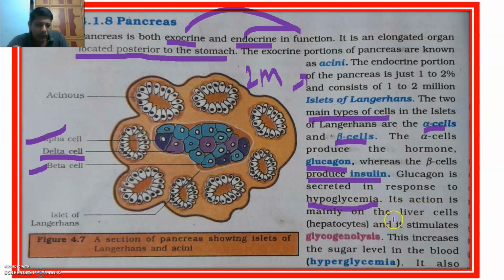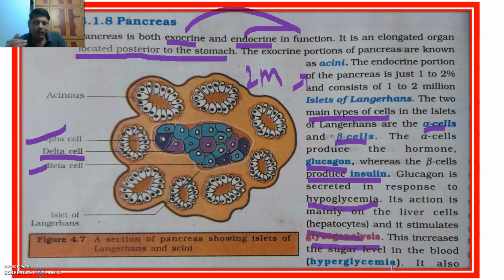Its action is mainly on the liver cells, hepatocytes, and it stimulates glycogenolysis. I told you, glycogenolysis is the breakdown of glycogen to glucose. It increases the sugar level in blood, that means hyperglycemia.